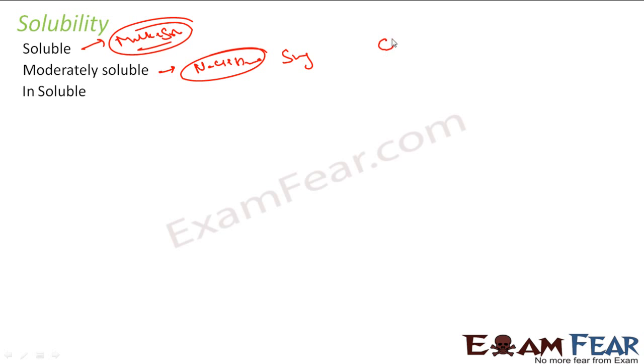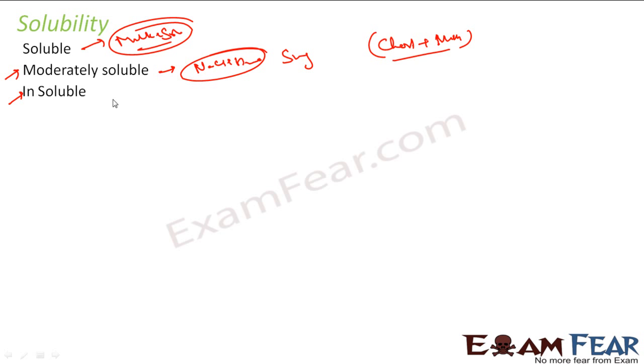Or if you make a chocolate shake, you add chocolate to milk. When you prepare the chocolate shake, things look fine, but after some time the precipitate settles down. So they're moderately soluble. Insoluble means it won't even mix.